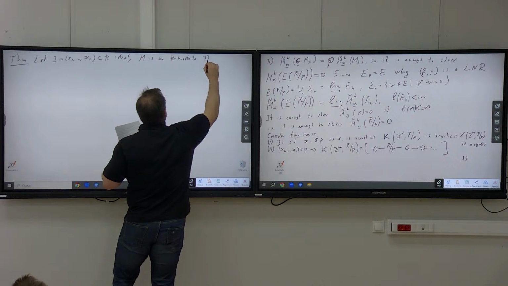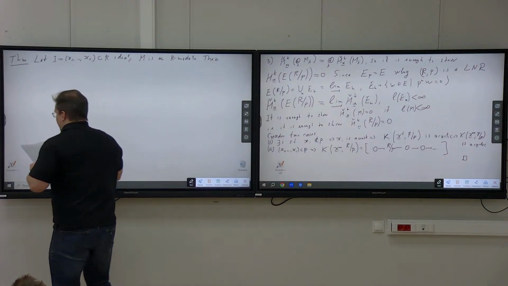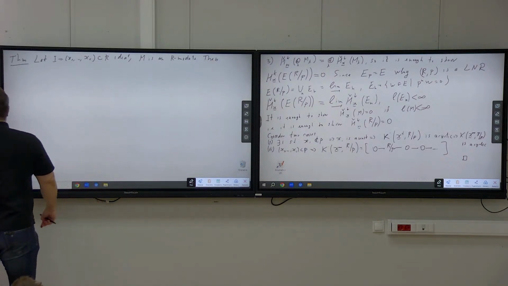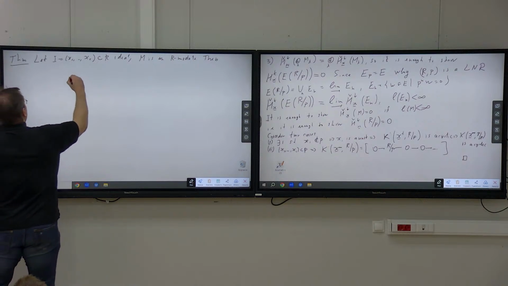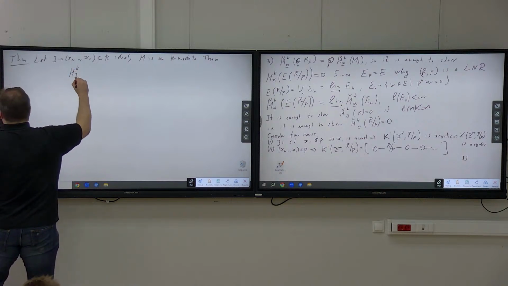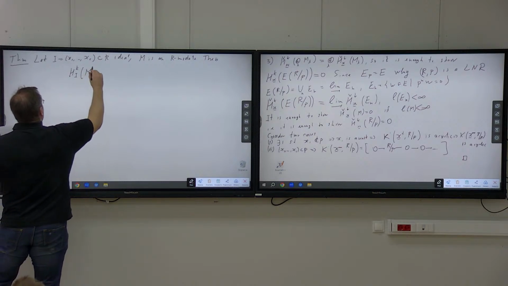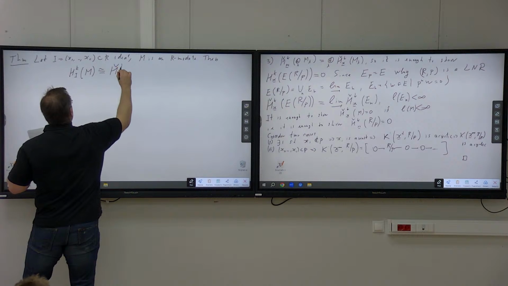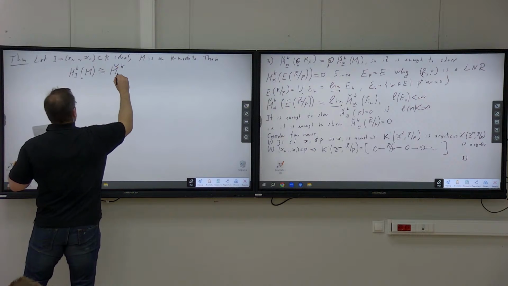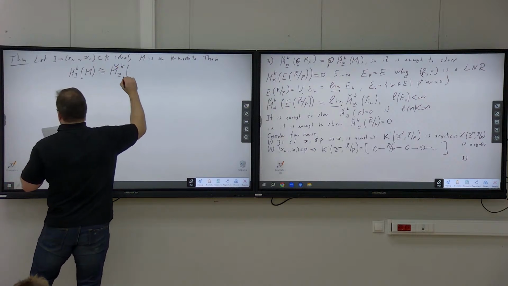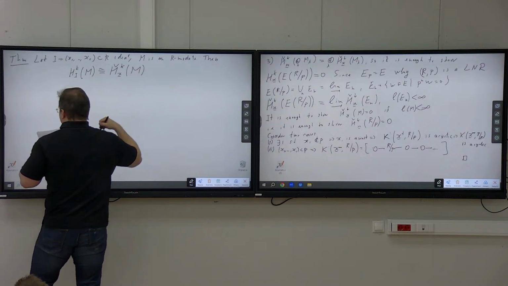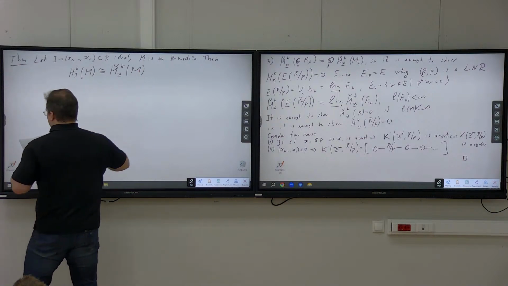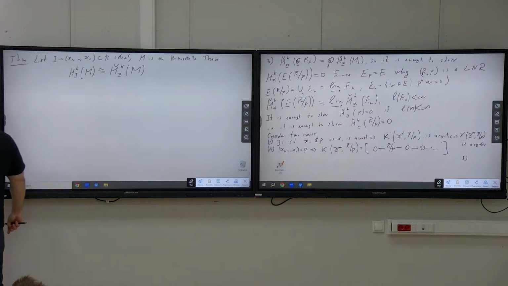Then the local homology of I with coefficients in the module M is isomorphic to the Čech homology for this sequence and module M.